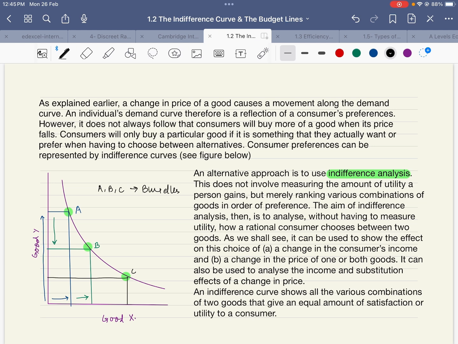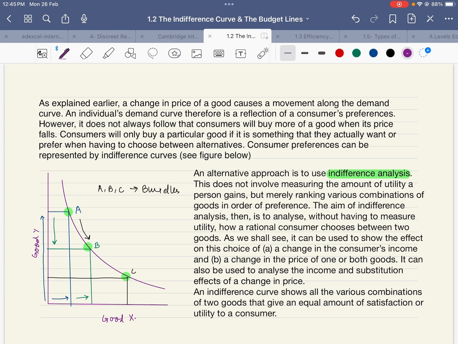As I explained, when the consumer moves from point A to point B, they consume less of good Y and start consuming more of good X. That is why the curve is downward sloping.